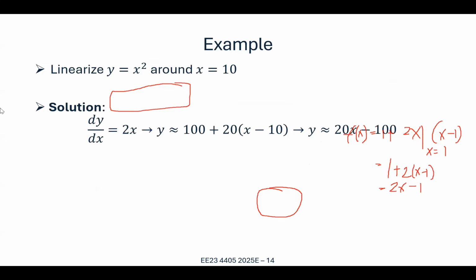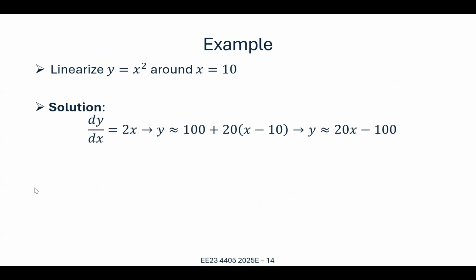Okay, a simple example here is that we linearize y equals x squared around x equals 10. So dy/dx is 2x. Of course, we differentiate this with respect to x. Then y is 100.